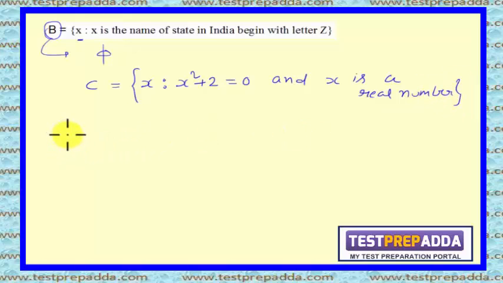Now x square plus 2 can never be equal to 0. We cannot find any real value of x for which x square plus 2 is 0. That is why we'll say this set C is empty set.